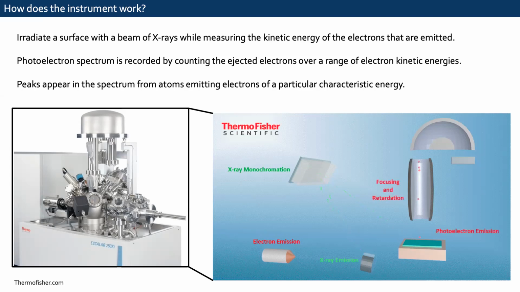And so even if you had a sample where you have no idea what the constituent elements are, by just doing an XPS measurement, you are going to get a pretty good idea of what those elements actually are by just knowing the binding energy of all of the electrons that you're measuring that are coming out of your system.